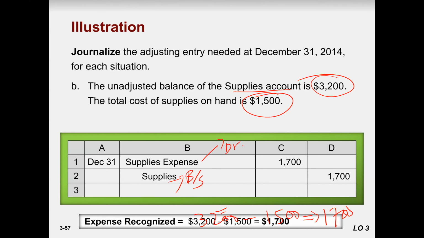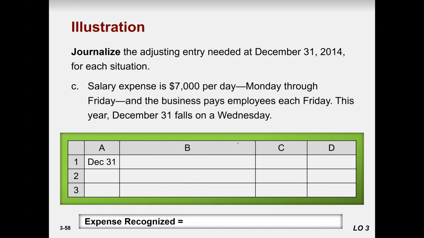Okay, guys. C part. The salary expense is paid $3,000 per day. Remember? So Monday through Friday, which means 5 days they are working. So the business pays employees each Friday. So they pay cash to employees, 5 days salaries on each Friday.